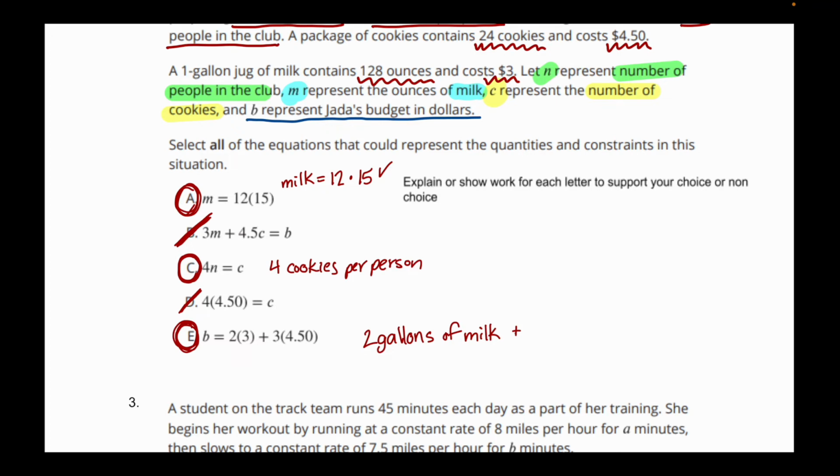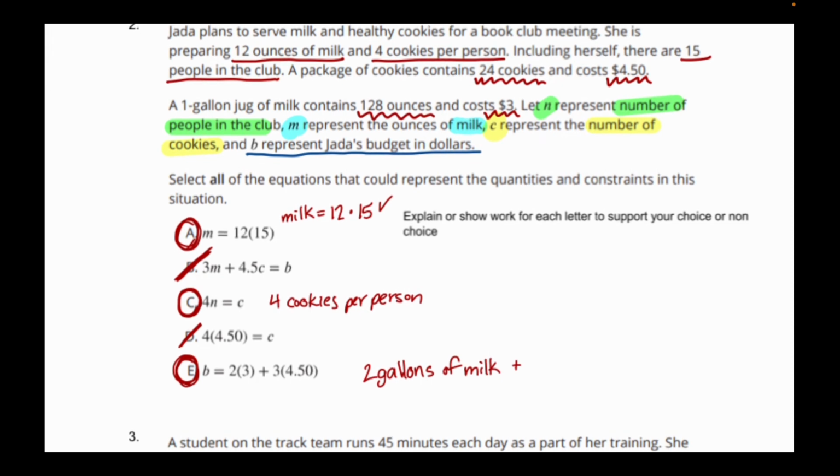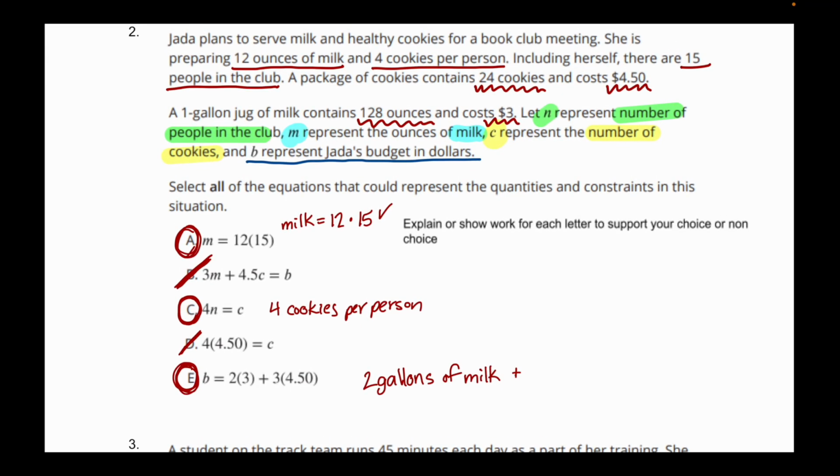So the number of cookies is what, 4 times 15. So that would be like 60. So yeah, going to need 3 packages of cookies. And that's what this one represents.